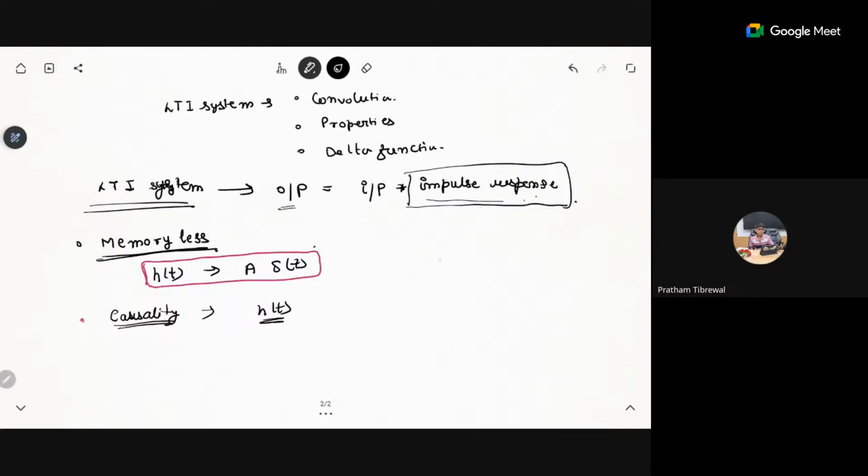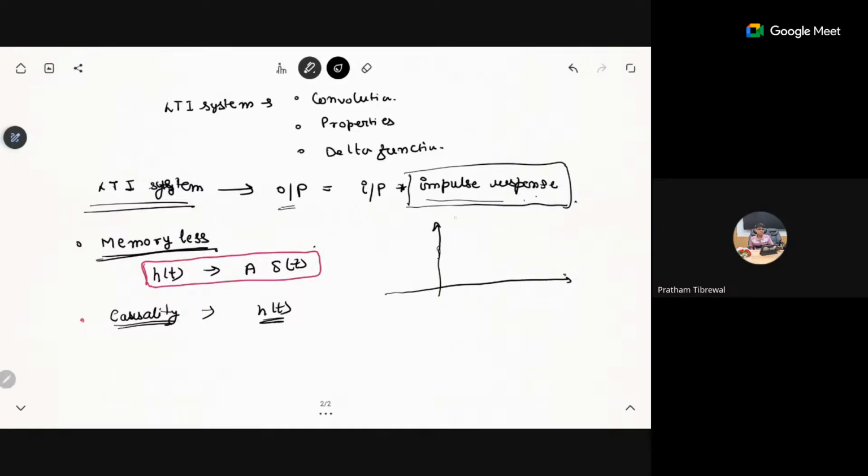Firstly, tell me whether it should be a delta function or whether any function can be causal. Any function could be causal, but it should not depend on the future inputs.